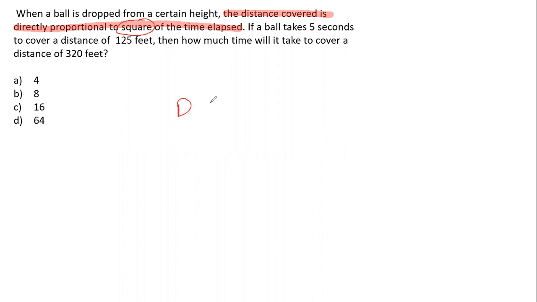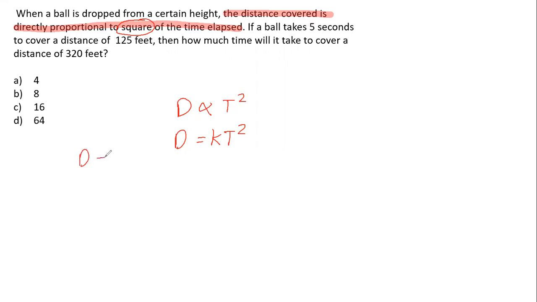So I can directly make an equation. Let's say the distance is directly proportional to the square of time elapsed. Let's say t is time, d is distance. Now, if I want to remove this proportional sign, I'll just multiply with a constant of proportionality. So I can say d is equal to k t square. Now, if I read further, it says a ball takes 5 seconds to cover a distance of 125 feet.